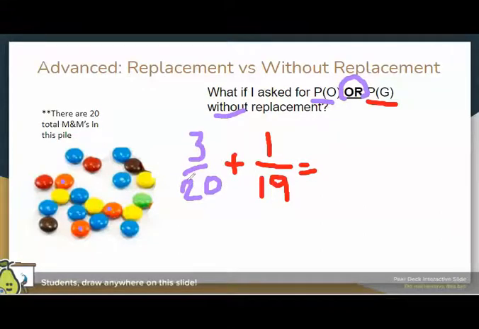And that's okay. So we want a common denominator. The common denominator for 20 and 19, unfortunately, is just 20 times 19, so 380. So it's kind of ugly. But that's okay. So we've got 20 times 19 is 380.